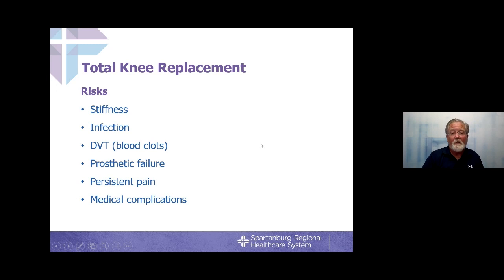DVT, deep vein thrombosis, blood clots. Luckily, this is really not all that common in modern medicine. When we first started doing joint replacements back in the 50s, 60s, 70s, they put patients in bed for somewhere 2 to 6 weeks. All of them got blood clots. Now we do outpatient knee replacement.